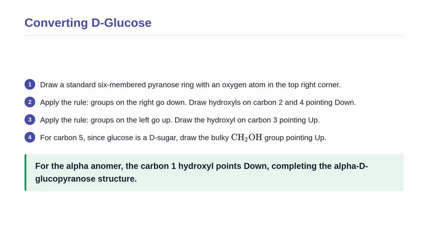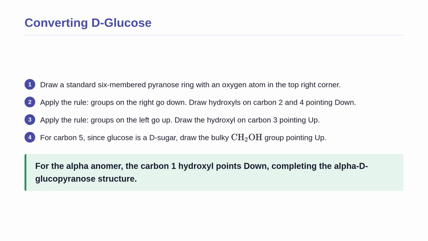Before we move on, let us see this formula in action with a concrete example. We will convert the linear form of D-glucose into its cyclic Haworth projection. We start by drawing a standard six-membered hexagon with an oxygen atom in the top right corner. Next, we apply our conversion rule to carbons 2, 3, and 4.